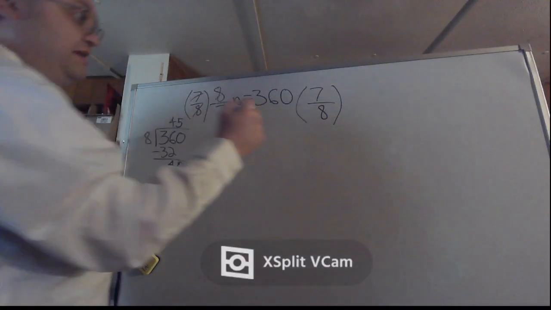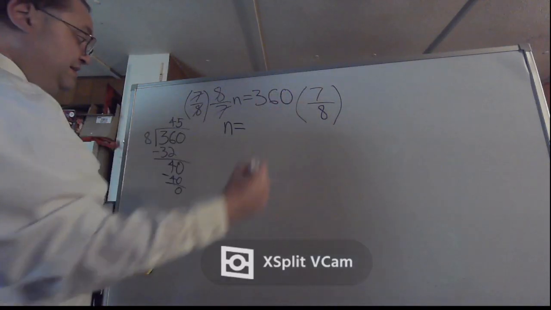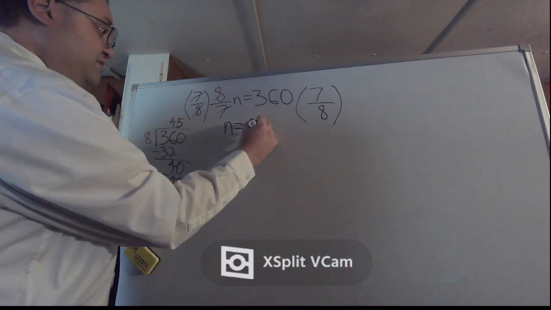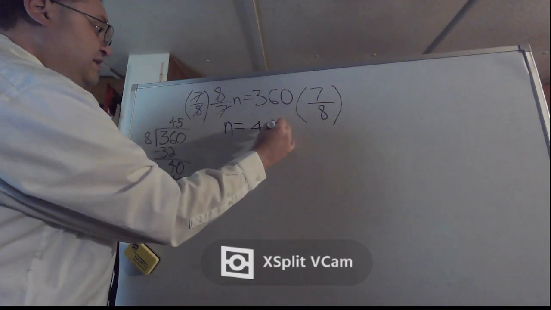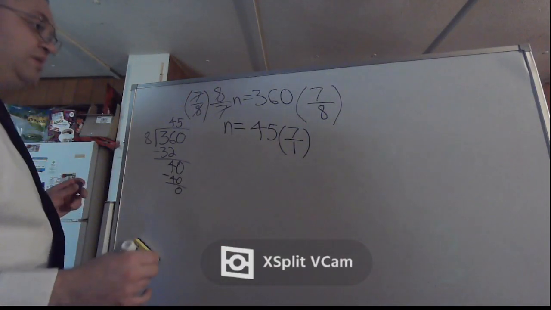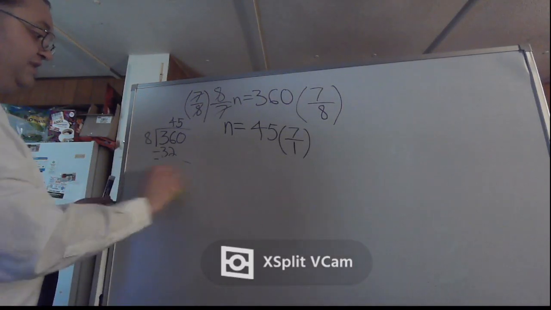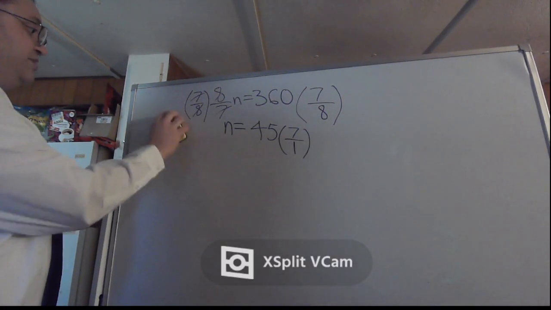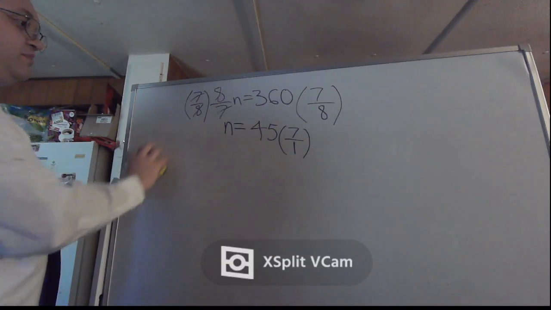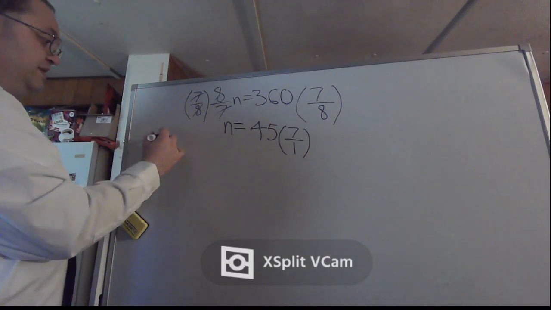So if you divide the 8 by 8, you'll get 1. The 360 divided by 8, you will get 45. So then you'll have 45 times 7 over 1. Alright, well, we can't factor anything else out. Now we just simply need to figure out 45 times 7, because the over 1 is just 7.